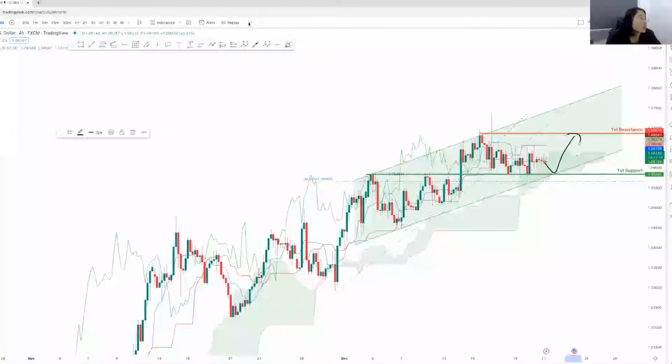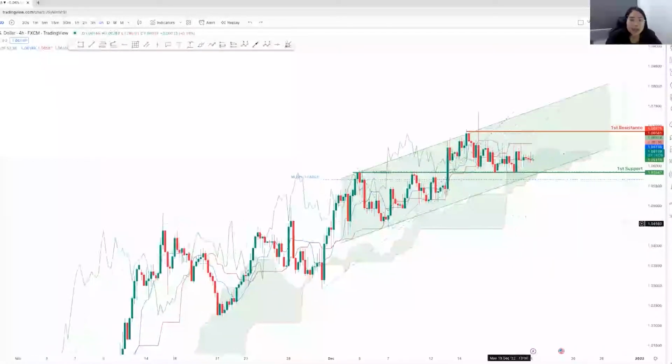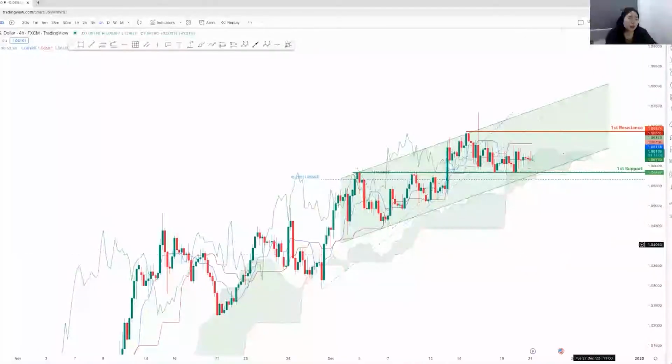Everything looks like it's lining up perfectly. I'm a bit biased for this buy for EUR-USD. Because of this, I am very biased to get in for a buy for EUR-USD. That's exactly how you would use a channel and a trend line to help you identify where to get in.